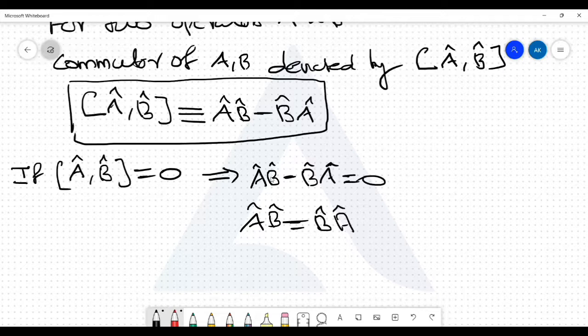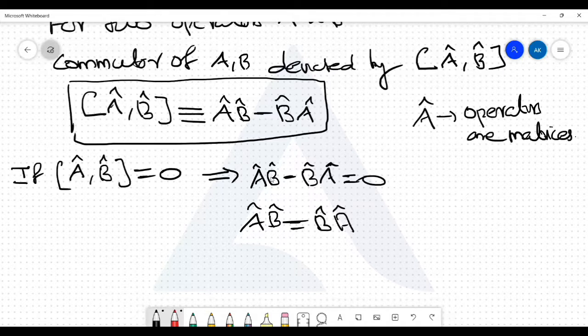Keep in mind, these operators are actually matrices. Later on, we will see these operators are nothing but Hermitian matrices. Usually two matrices don't commute. If they commute, it means their commutator is 0.